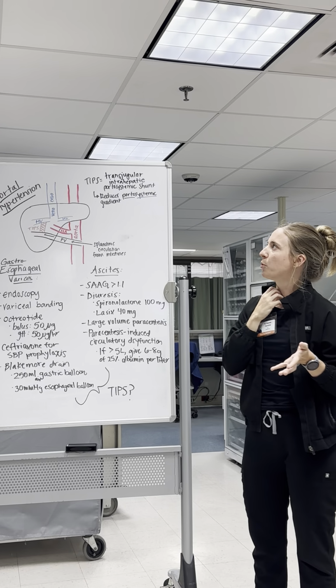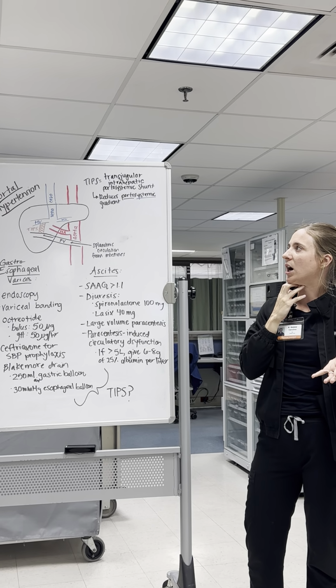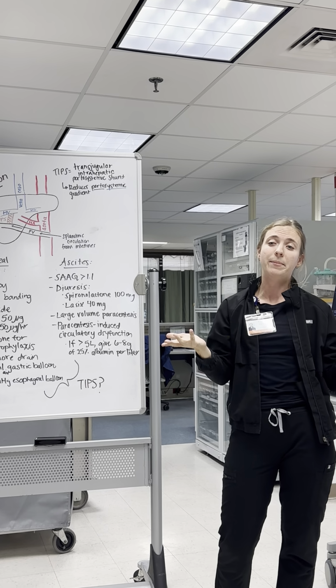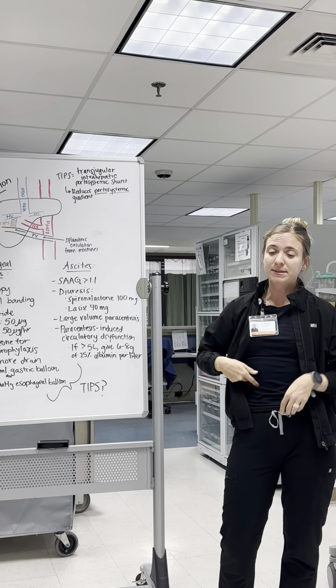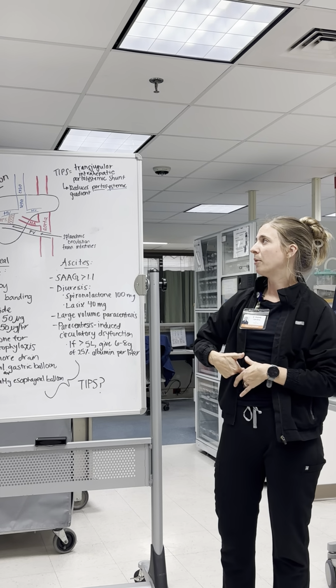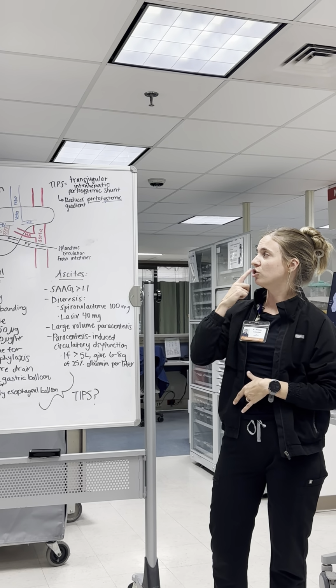Another way you can diagnose portal hypertension is with IR. If you know a patient has liver disease but you don't know why, they'll want to get a biopsy of the liver. Sometimes they can do a percutaneous biopsy where they go straight through the skin, but really the preferred way to do it is transjugular.